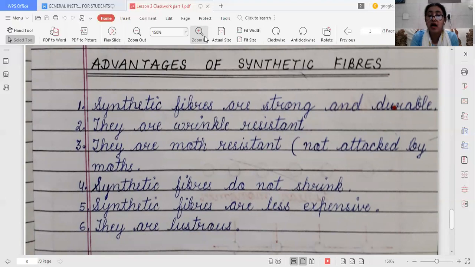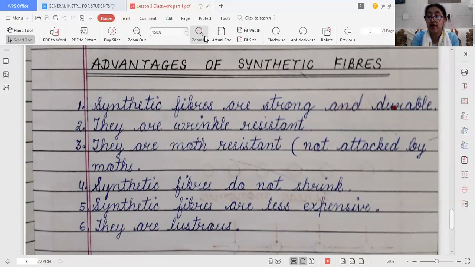Third, they are moth resistant. I think you all know moth. That's a type of insect, a nocturnal insect, and they are moth resistant. It means they are not attacked by moth. Then synthetic fibers do not shrink. Mostly it occurs with natural fibers, like cotton, which always shrinks, but synthetic fibers do not shrink.